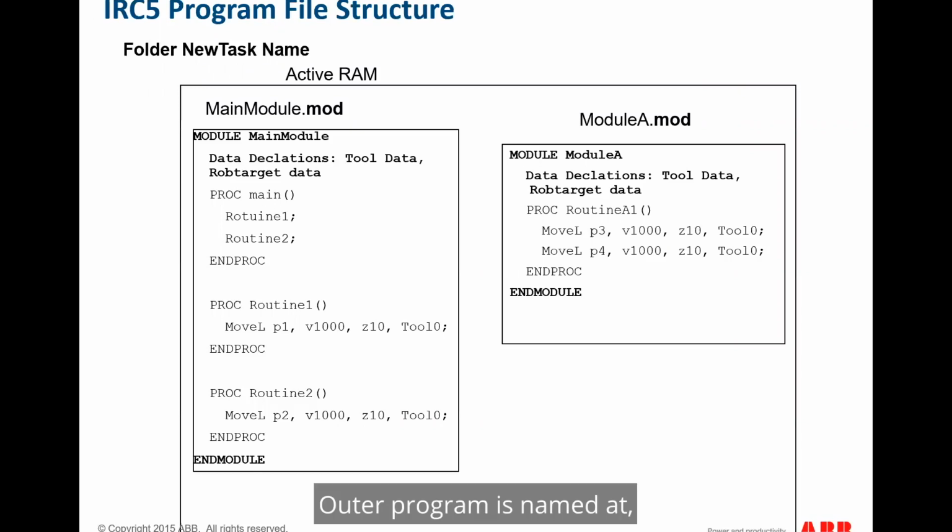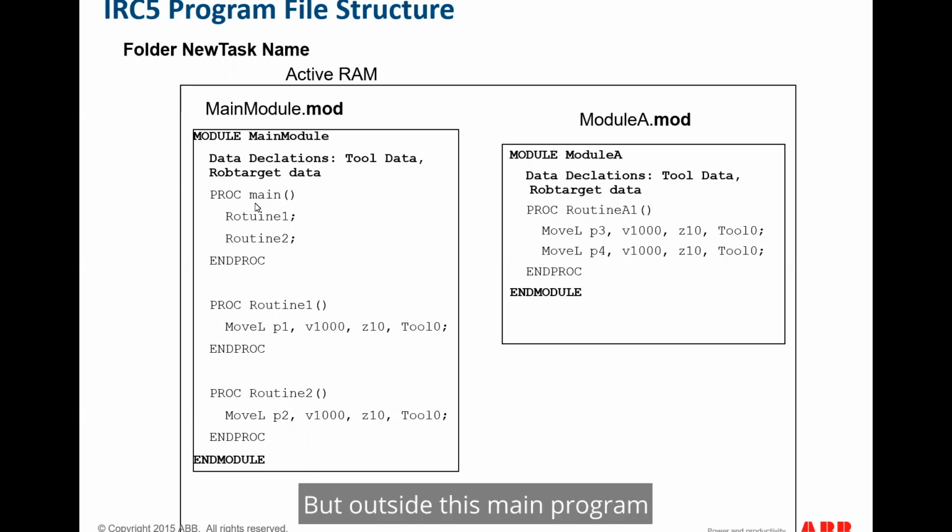All the program is named, actually it is considered as the main module. So the main module, you can include the main program. It is saying it is proc main. So for example, the proc main, you see there inside the main program, you have routine 1 and routine 2.